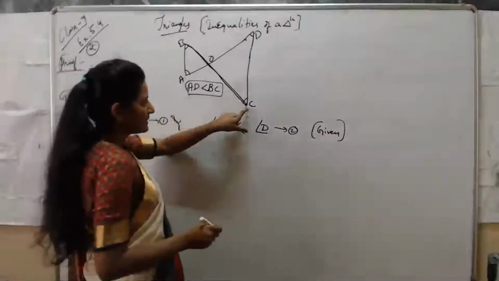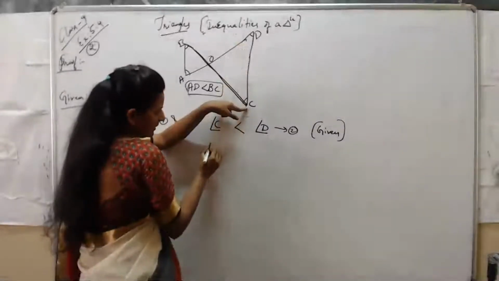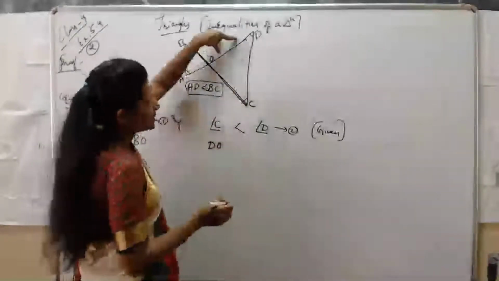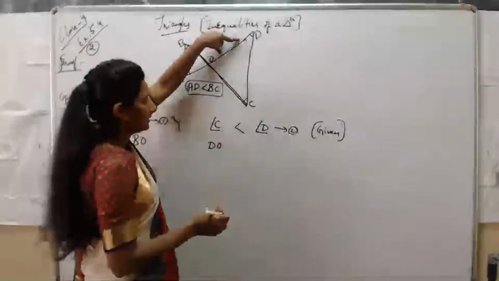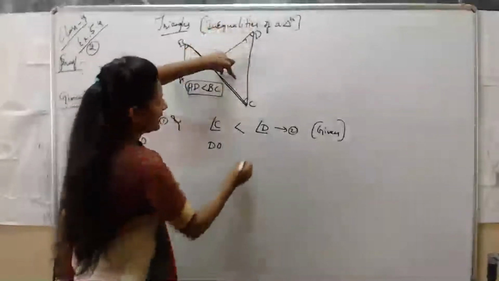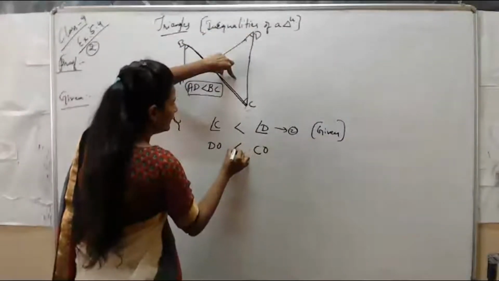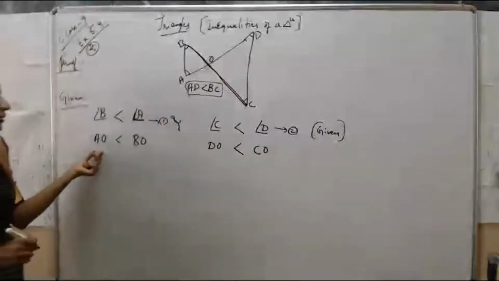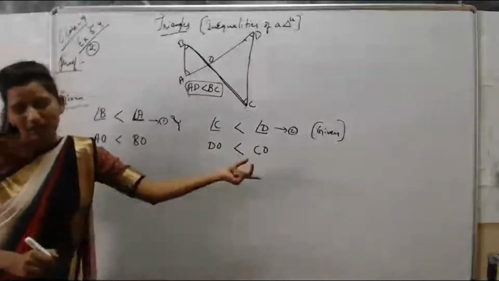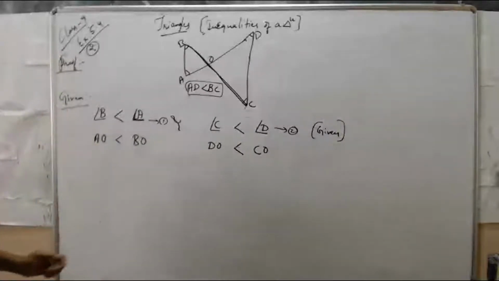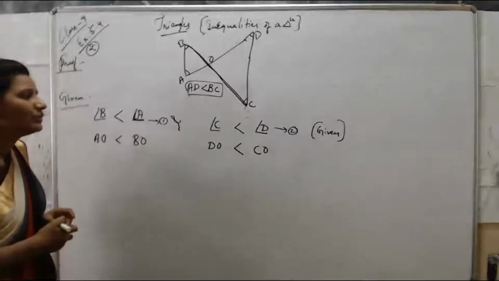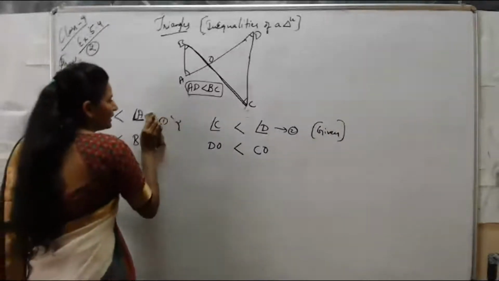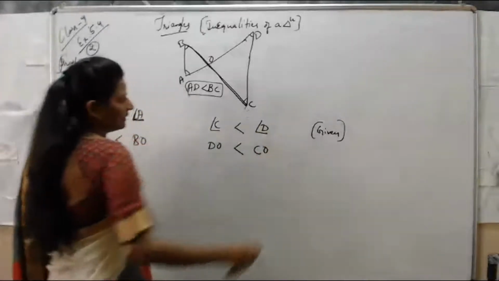Similarly, angle C's opposite side is OD, and angle D's opposite side is CO. Got this? AO, BO, OD and CO. We have to write the opposite sides. These two are the given.